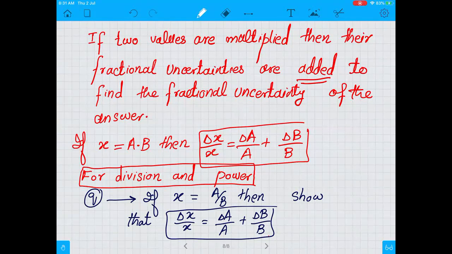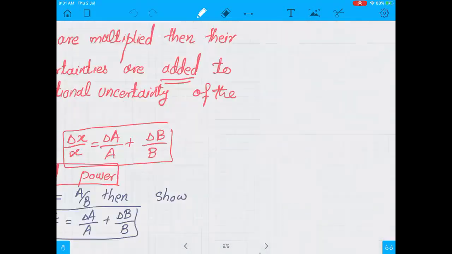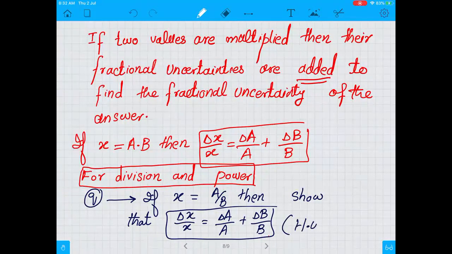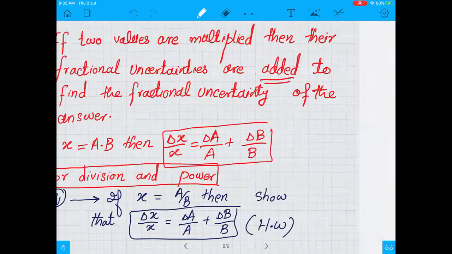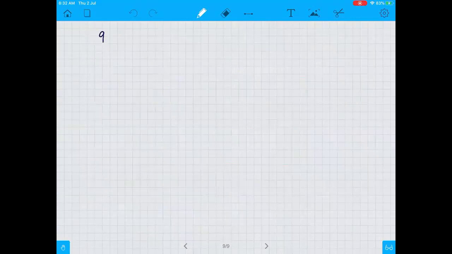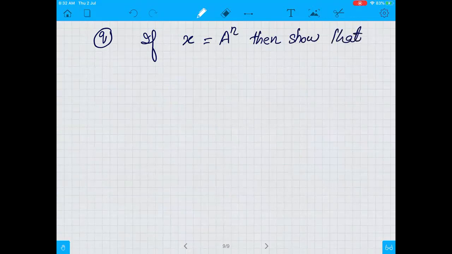And one other proof, you can say it's your homework: if x is equal to a power n, then show that delta x over x is equal to n times delta a over a.